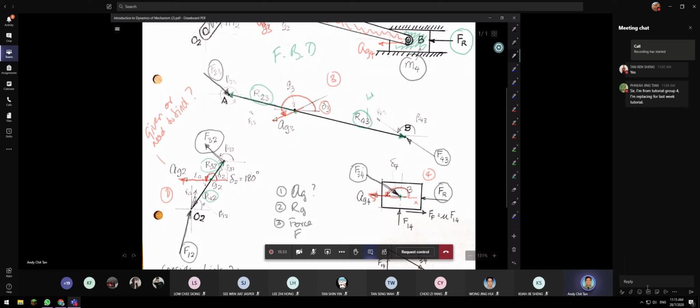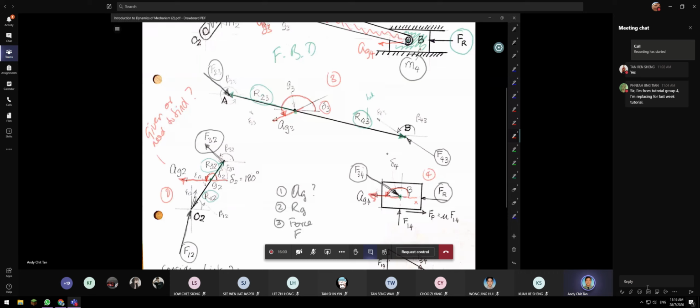Okay, now one important point I'm now going to mention to you is the notation of your force F43. All right, so you will notice that for example, in link number 3, all the notation end with 3.